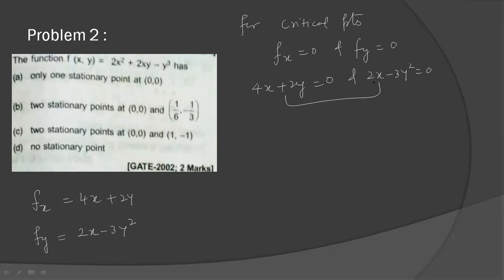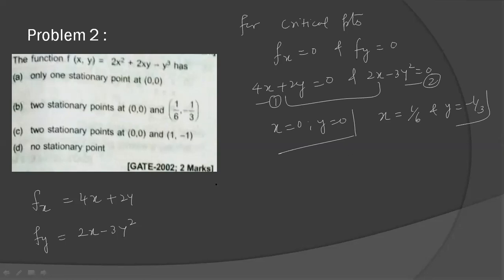If we solve these two equations, you can put the value of x in this equation 2. This is equation number 1, this is equation number 2. You can solve it for x and y. You will get two solutions: x equal to 0, y equal to 0, one root, and second is x equal to 1 by 6 and y equal to minus 1 by 3. You will get 2 points here.